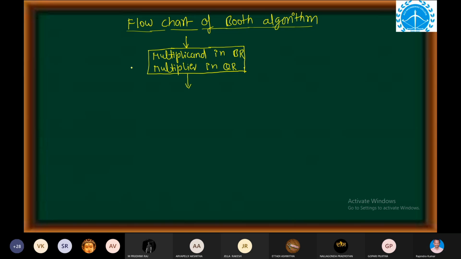Now, initially we are setting the accumulator equal to 0, Qn plus 1 equal to 0, and the sequence counter to n. N is the number of bits present in the multiplier.